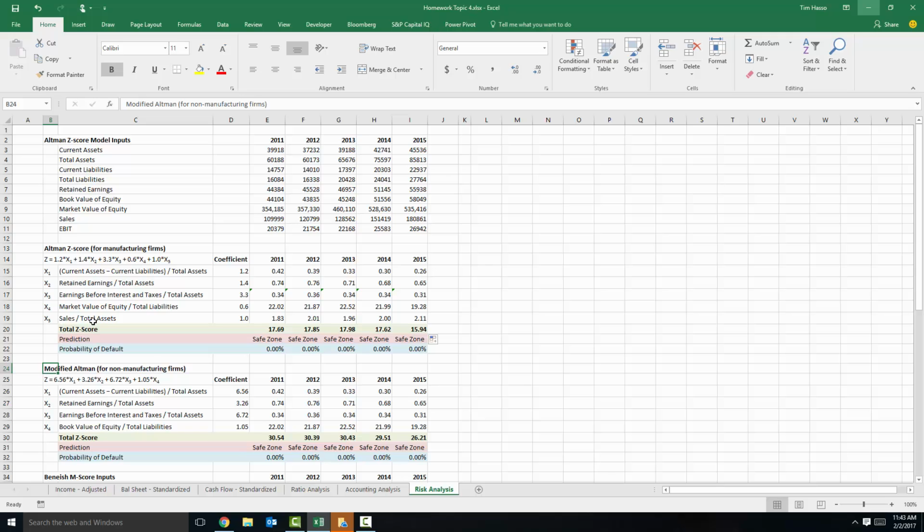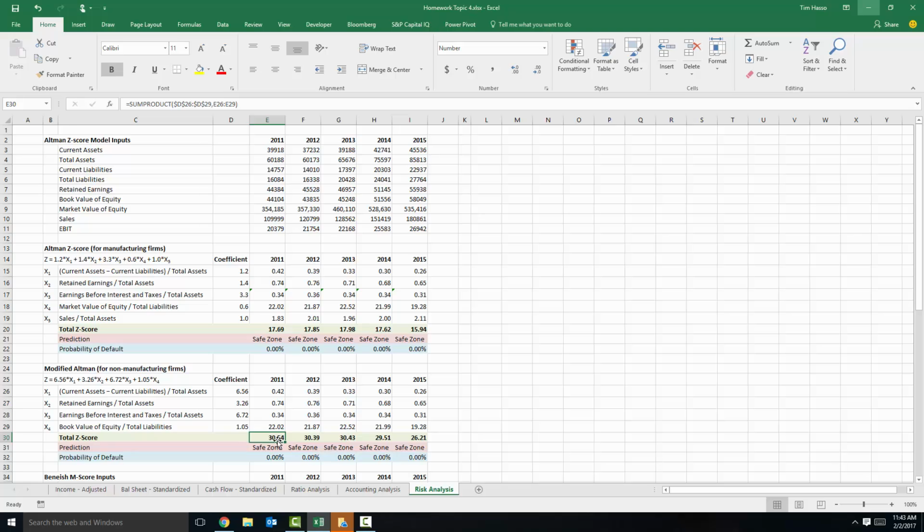That's why we drop it, and you can see that the coefficients have changed. Again, this has been pre-filled for you because I'm just referencing whatever we already calculated up here, and you can see again to get the total Z-score here is just a SUMPRODUCT function as well. And that effectively is the Altman model.